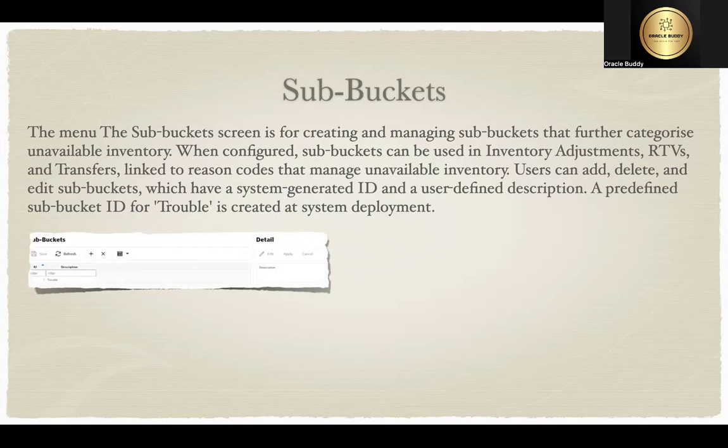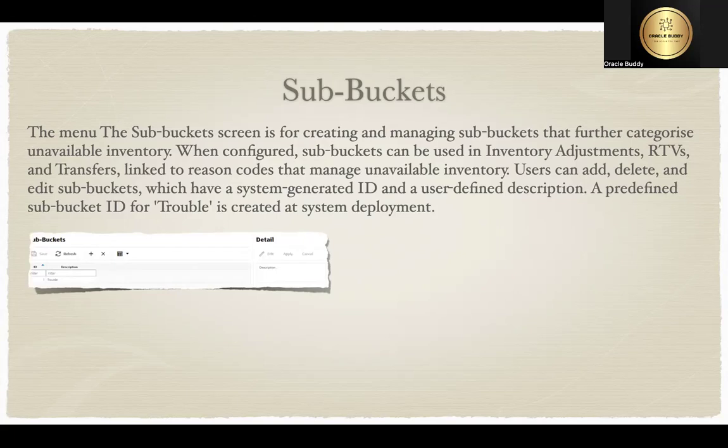Plus unavailable will decrease the available stock on hand and increase the unavailable stock on hand. Plus stock on hand, here the stock on hand will be increased and available stock on hand also will be impacted. Then negative unavailable will increase the available stock on hand and decrease the unavailable stock on hand.